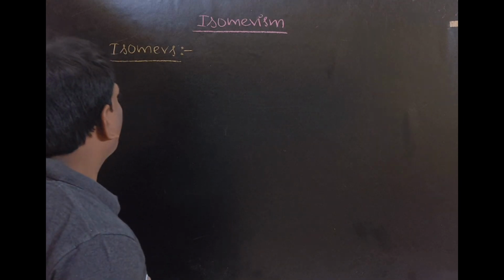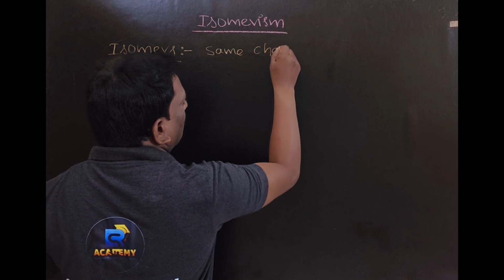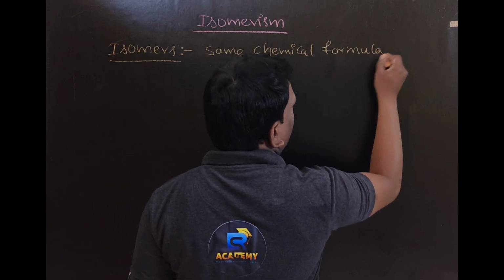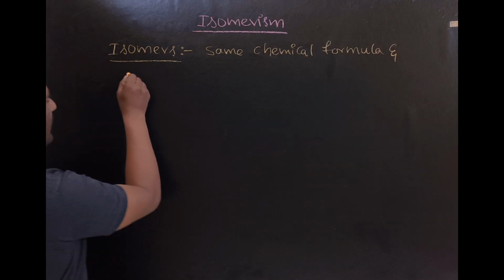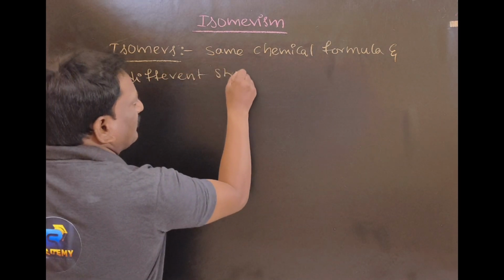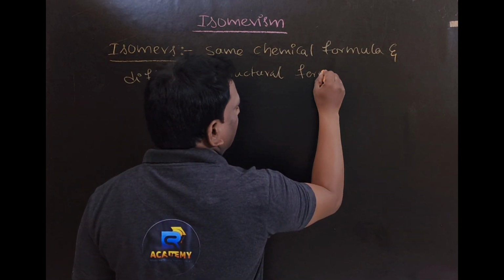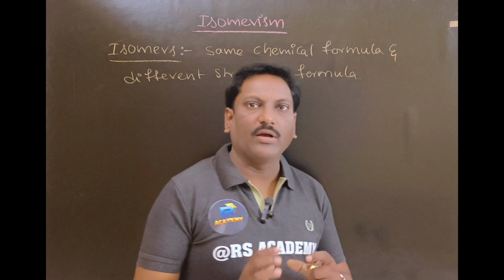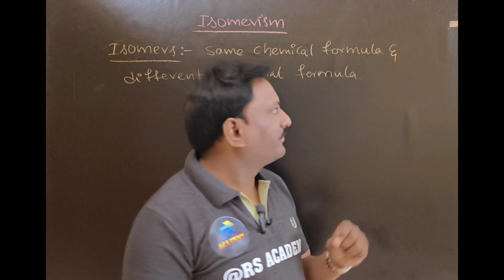Make a note. Those organic compounds having same chemical formula and different structural formula are considered as isomers, and this phenomenon is called isomerism.